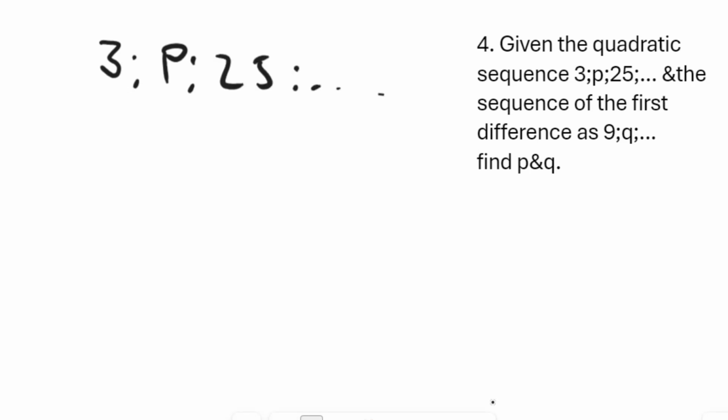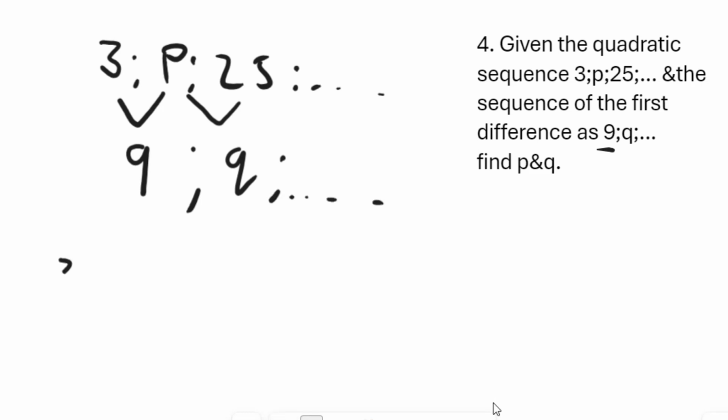But now they're saying when you subtract, p minus 3, you will get 9 there. They say you will get 9 because the first term of the first difference is 9. And then 25 minus p will give us what? It will give us q. And then we will get so on.